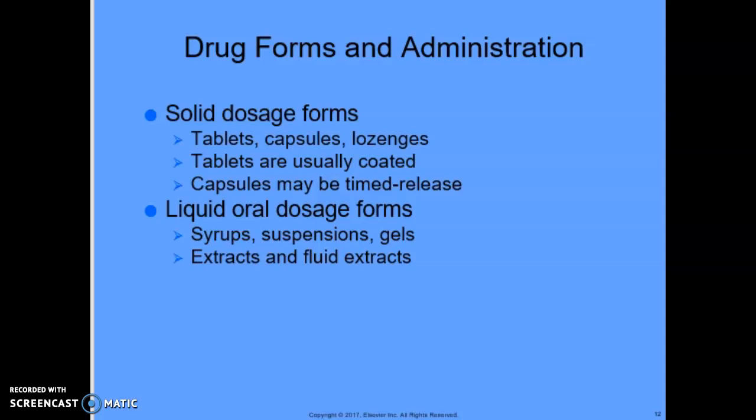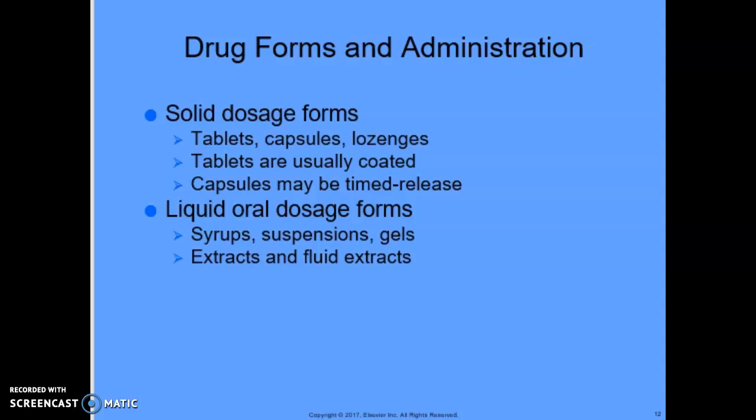Liquid and oral dose forms, we have syrups, suspensions, gels, and extracts and fluid extracts. A tablet is a compressed powder or granules that when wet break apart in the stomach, or in the mouth if they are not swallowed quickly. The mouth can break it up.